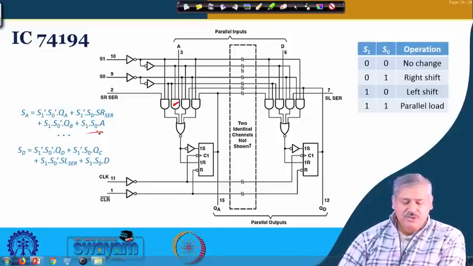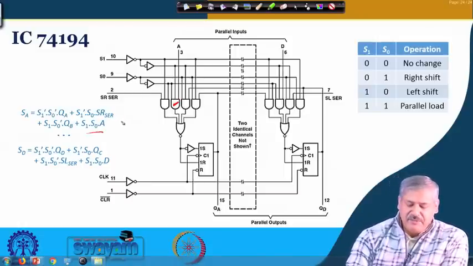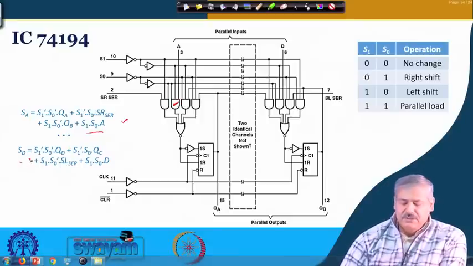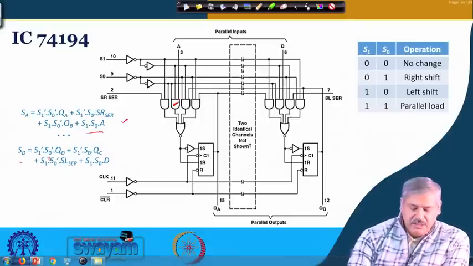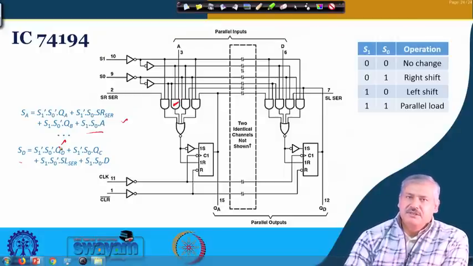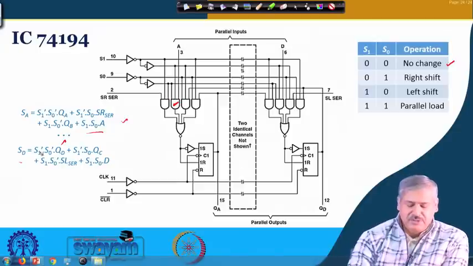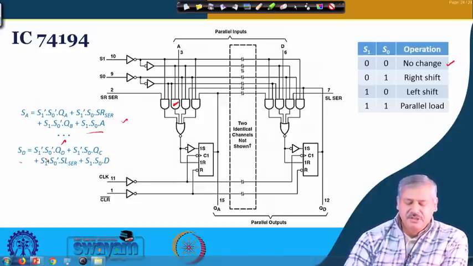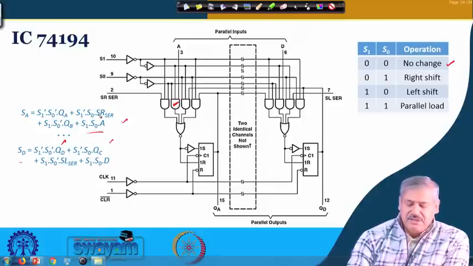Right. So this is happening for QA; for the other cases, you can see the first one is self loading. I mean, its previous value is loaded. So that is the no change case, S1 and S0 both being 0 0. The second case is shift right.